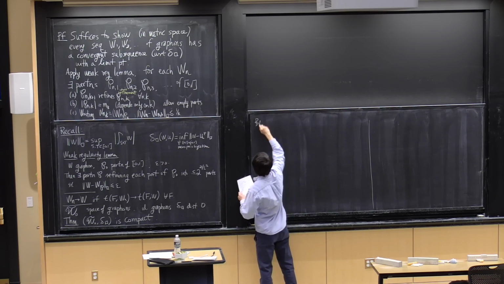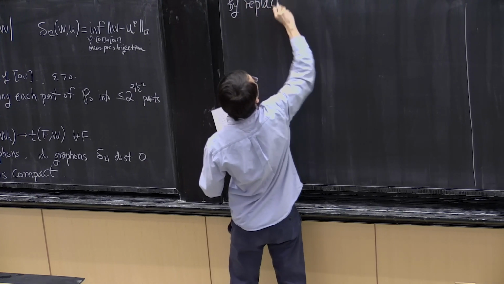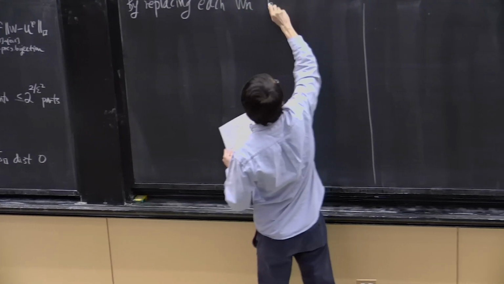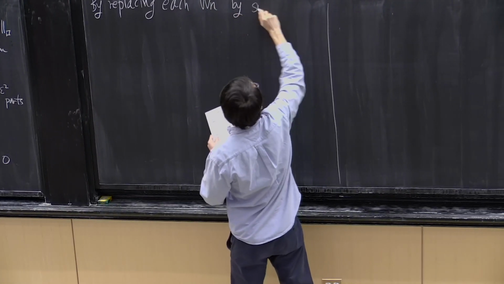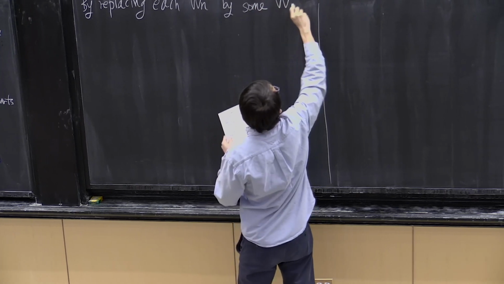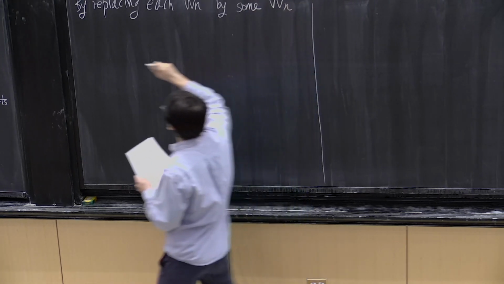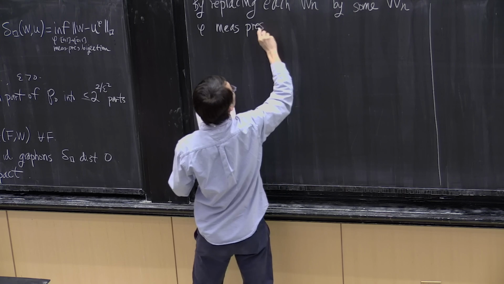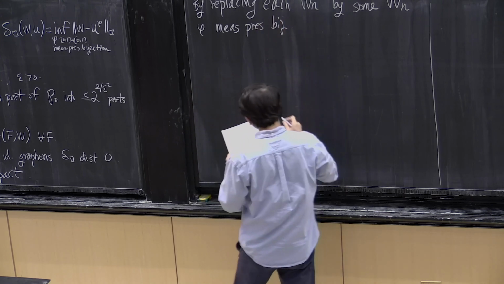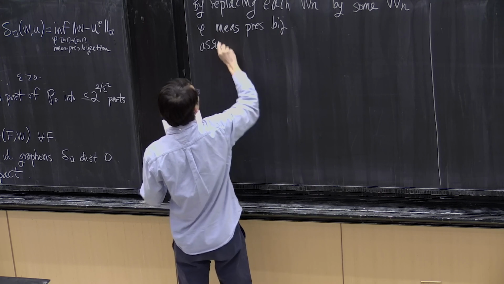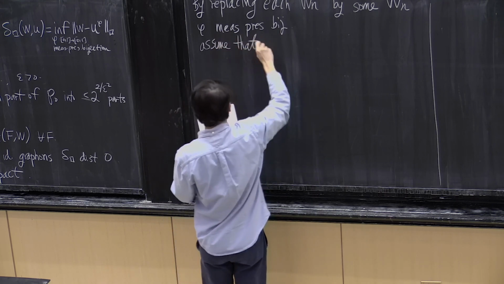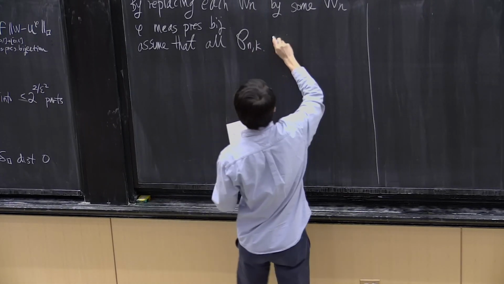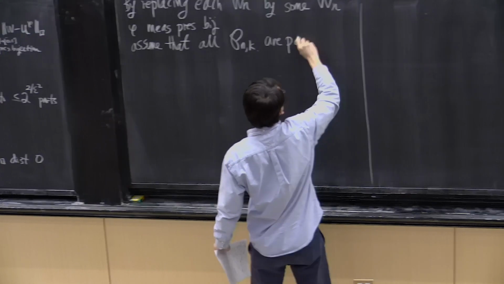By replacing each W_n by W_n of phi, where phi is a measure preserving bijection, we can assume that all these partitions are partitions into intervals.